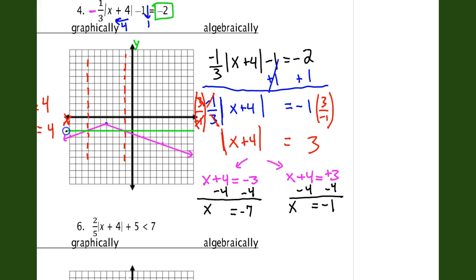And just as predicted, our two graphs intersect at these dotted red lines because we already knew that's where they would happen because of the algebra over here. So it's confirmed that at -1 and at -7, our two graphs intersect. So for sure, these are correct.